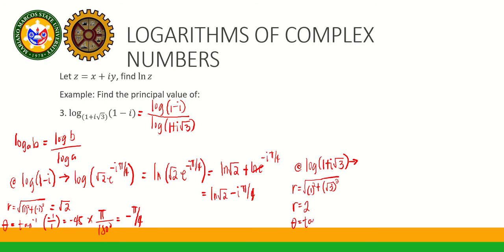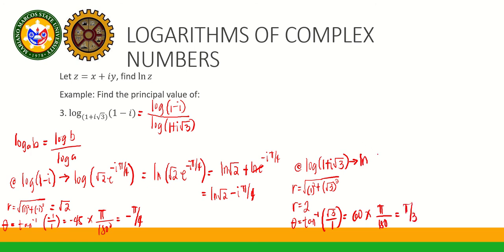And theta will be equal to arctan of square root of 3 over 1. So, nasa first quadrant tayo since both are positive. So, arctan of square root of 3 over 1 is equal to 60. And then, convert natin siya into radians. So, that will be equal to pi over 3.